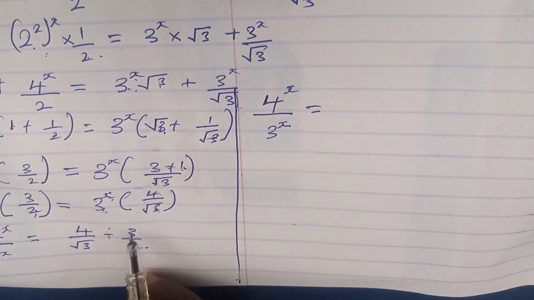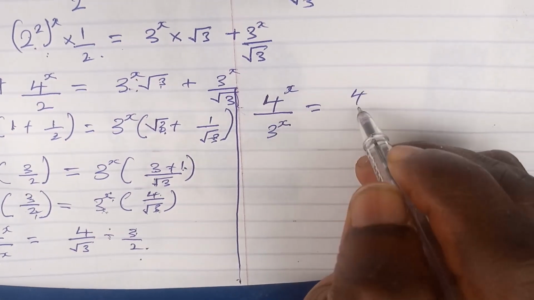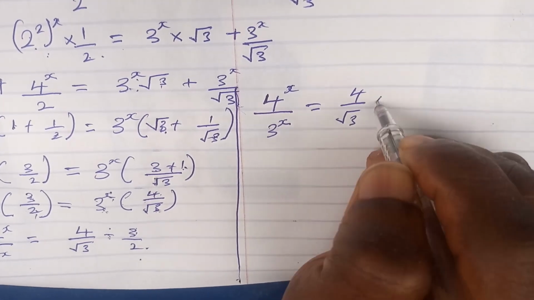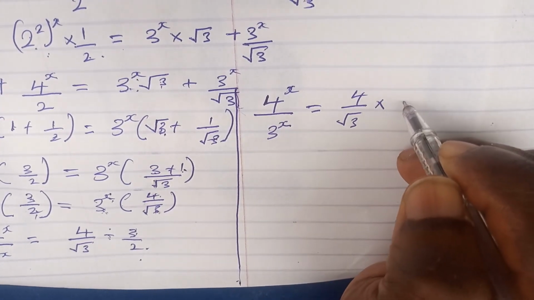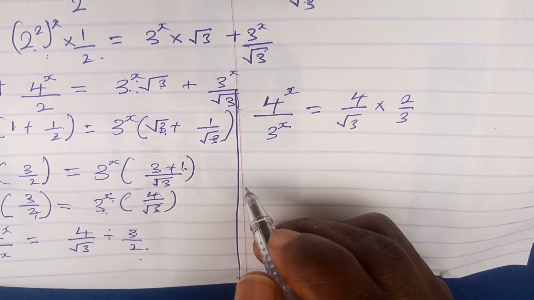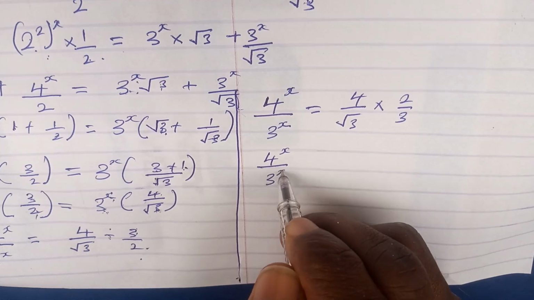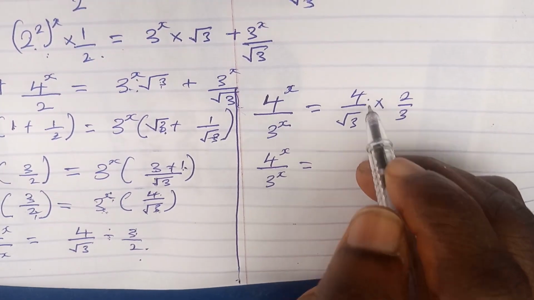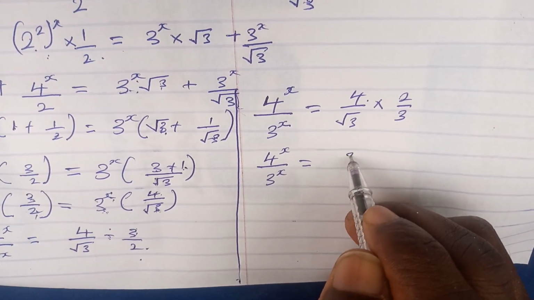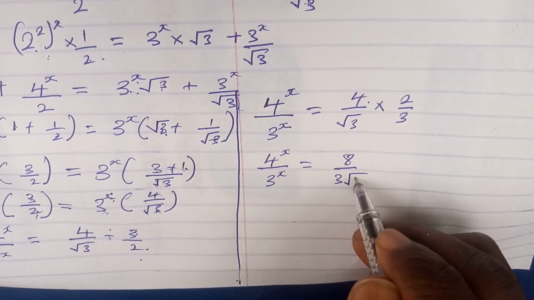So simply put this one up, then put this 3 down. We have 4 over root 3 times what? Times 2 over 3. Okay, we now have 4 to the power of x over 3 to the power of x is equals to, this times this is going to give us 8 over 3 root 3.